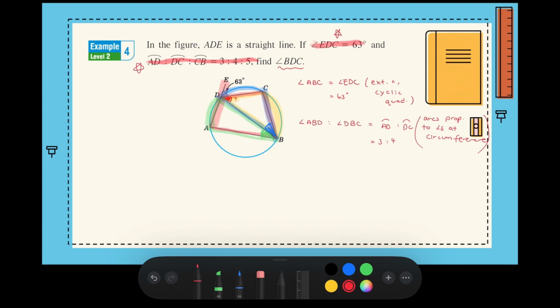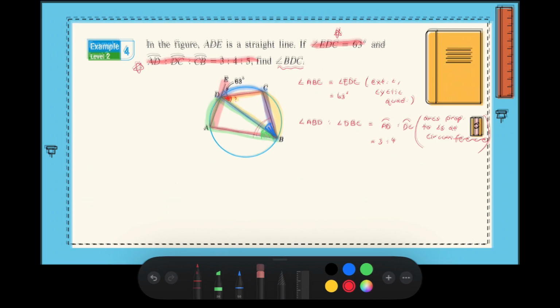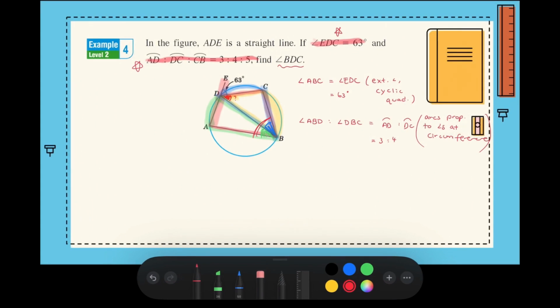Okay, and after we get this 3 to 4, then we can use the ratio to find the answer. So we will use the ratio to find the angle DBC here.